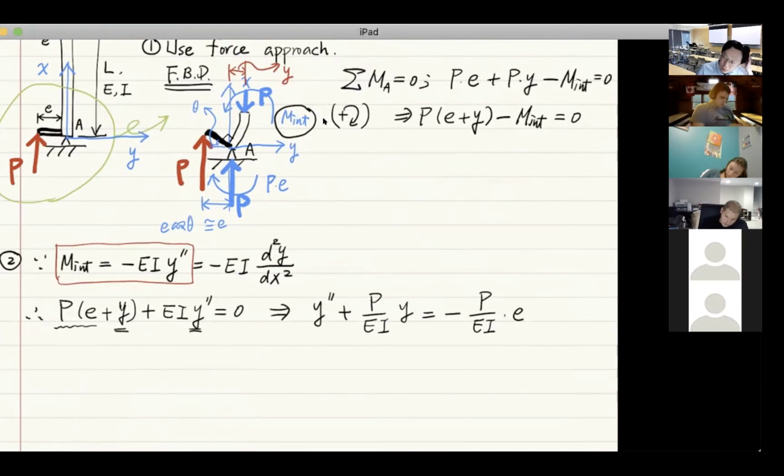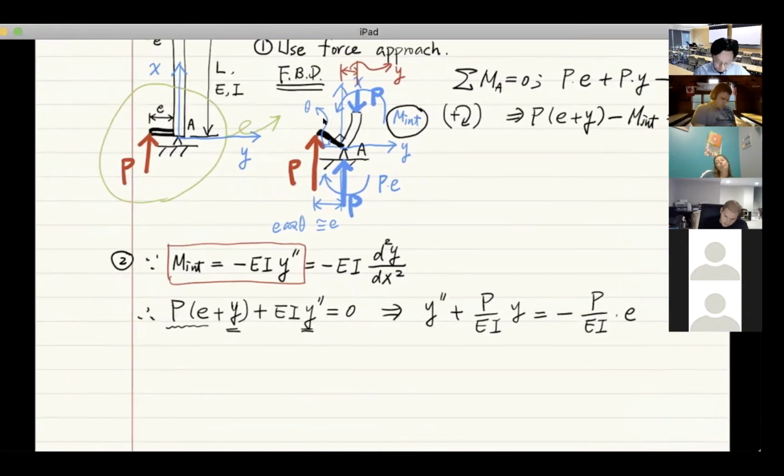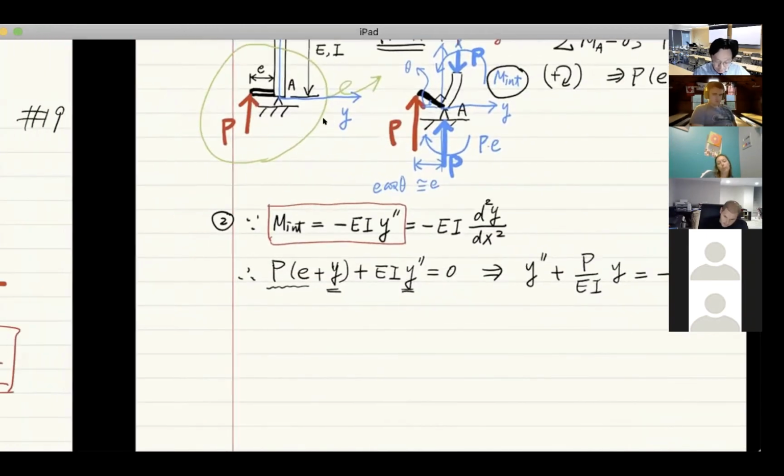So this is just very simple. Move things around and divide everything by EI. Now, we're going to recall a very familiar definition. Since we already defined the buckling coefficient regular K, we already know that K squared is the ratio between P and EI.